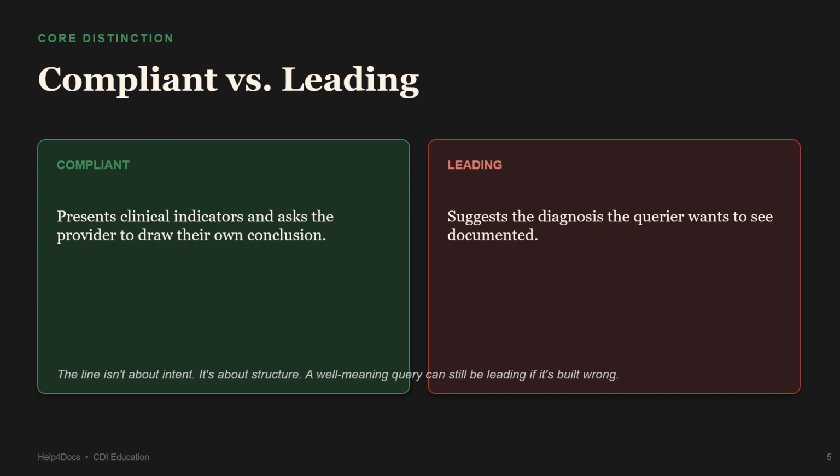And you're trying to capture a diabetes code, right? In your mind, you know that's the diagnosis you're looking for, but the provider has to say that. You can't say that. So it's a fine line between them, and it's not about intent, it's about structure. A well-meaning query can still be leading if it's built wrong. That's why we're going to break down the anatomy of these piece by piece.